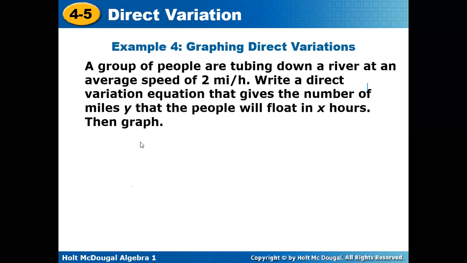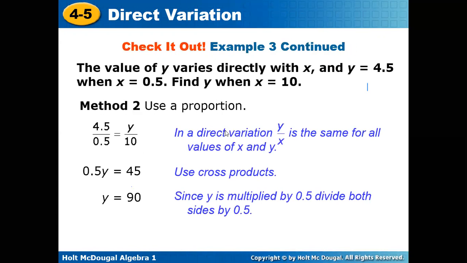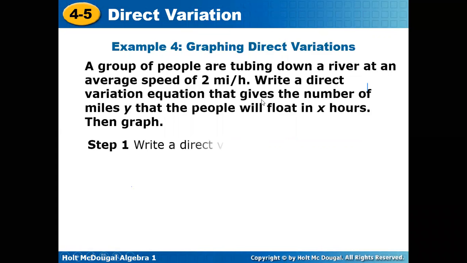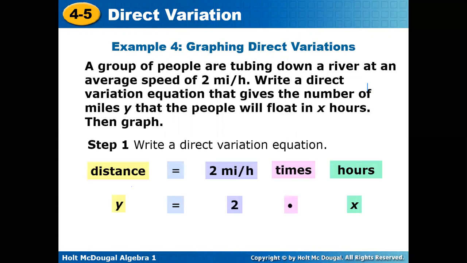In this question, we have to find the relation between x and y, or write the direct variation between them. Because we know this linear is a direct variation, we can write it in the form y equals kx. So step number 1, write a direct variation equation, which is y equals kx.